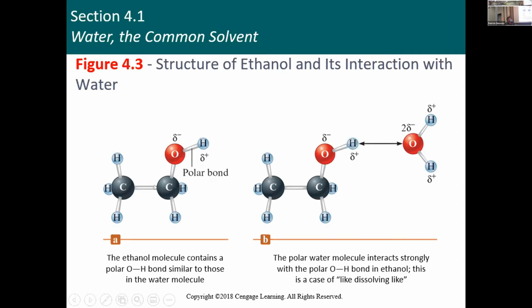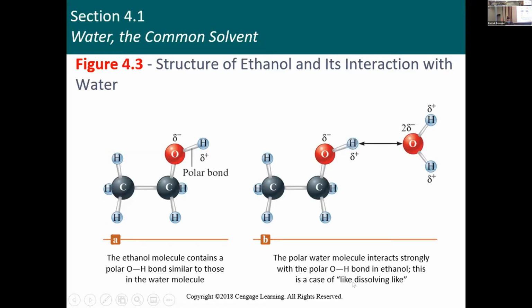This part's not really polar, but the overall polarity of the molecule is pretty polar, right? And so that will interact with water molecules in a polar solvent, such as water, and it will be dissolved pretty well. So it's considered to be polar. Not as well as something like NaCl, but still pretty well.